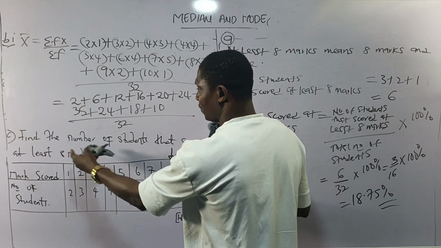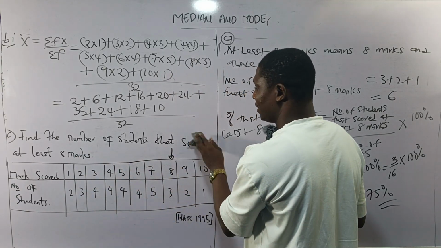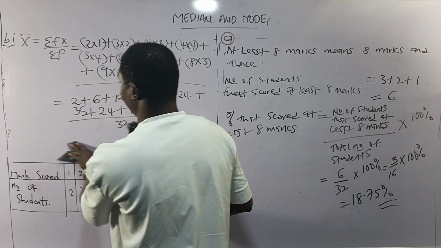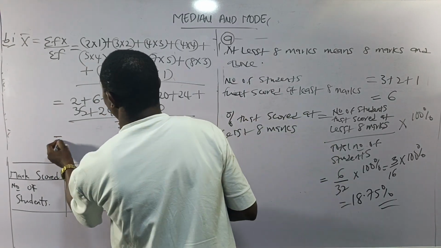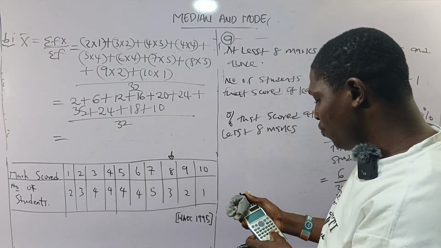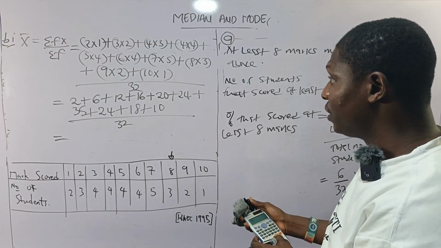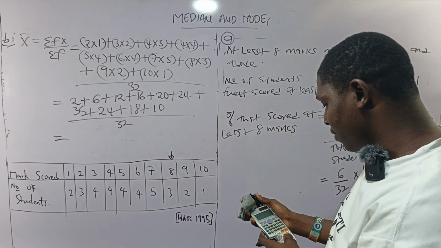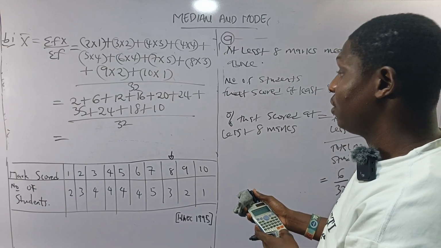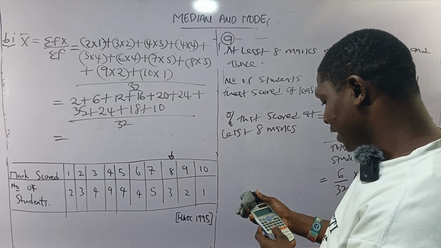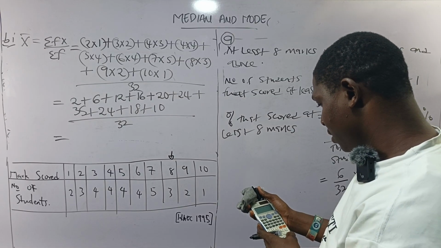Now, our C says, find the number of students that scored at least 8 marks. And we add up 2 plus 6 plus 12 plus 16 plus 20 plus 24 plus 35 plus 24 plus 18 plus 10.